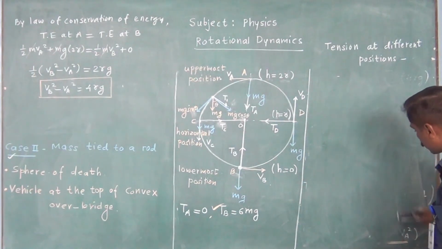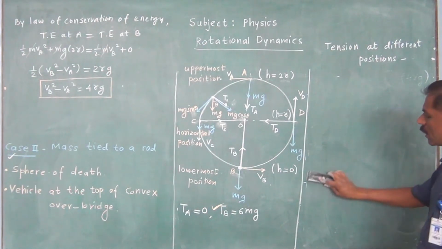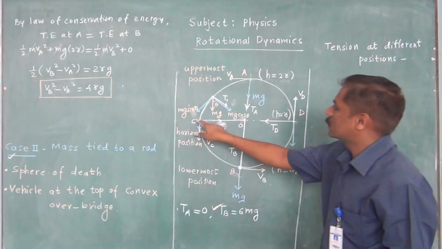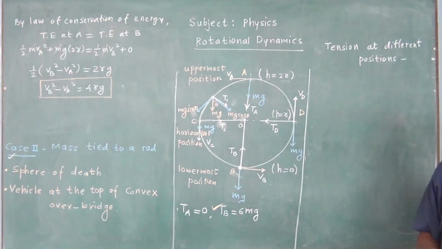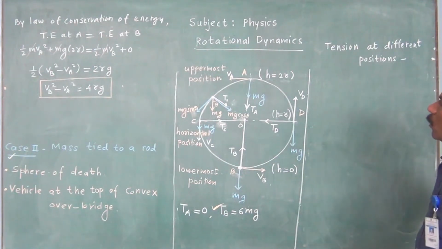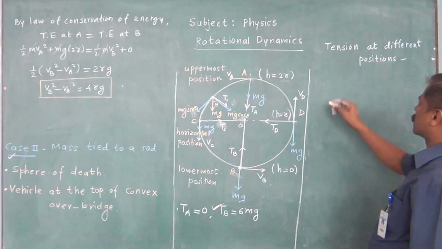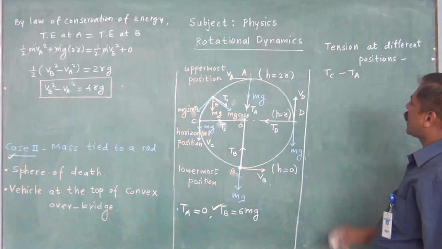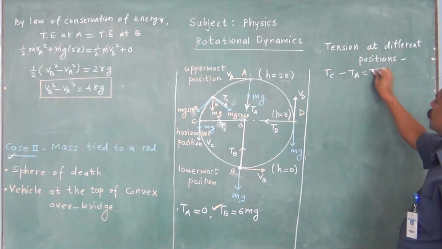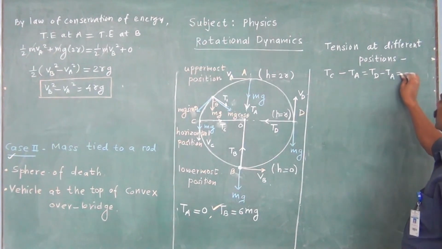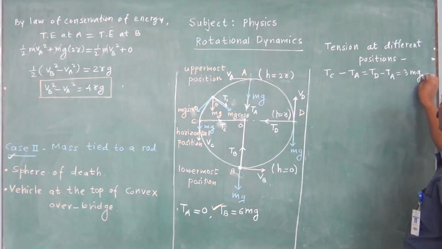Tension at the horizontal position means the tension at position C or D, which are considered the horizontal positions. In this case you get the relation: tension at C minus tension at A, which is equal to tension at D minus tension at A, which is equal to 3 times mg.